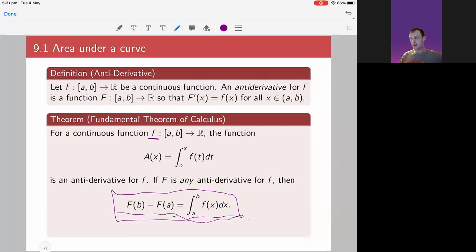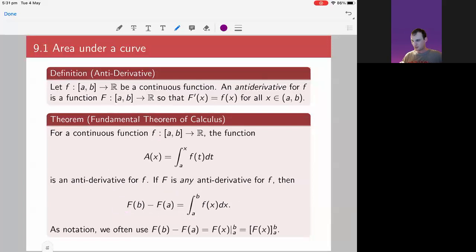And so as a last part of this theorem, I'm actually going to give you some notation. Instead of writing F of b minus F of a, we're going to simplify that a bit because we're going to be using it so much. Instead of writing all of this clunky expression here, I might write this: F of x, vertical line, superscript b, subscript a.